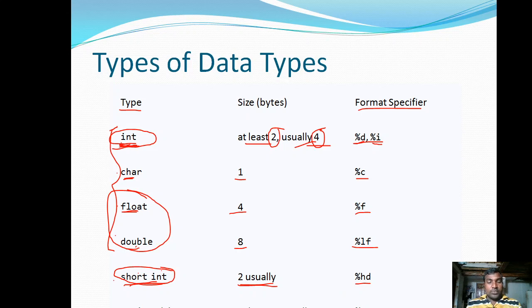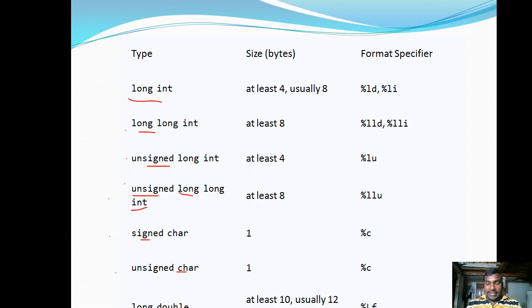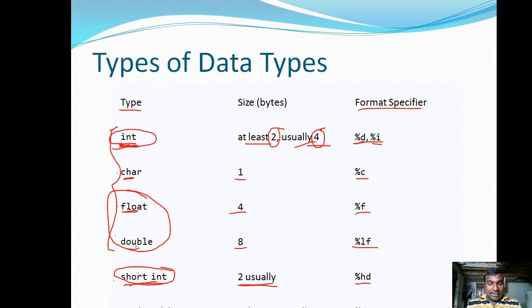Now coming to unsigned int. Here we are handling integers, but the difference is that we are talking about the sign, whether a value is positive or negative. Unsigned means we are talking about only positive values.